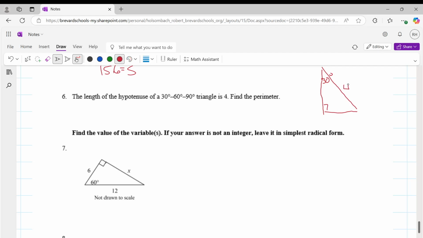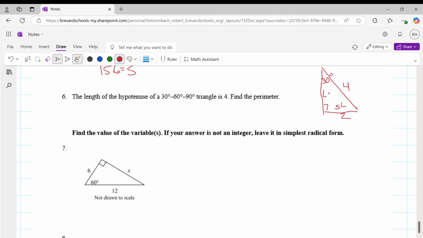So here's our hypotenuse. The short leg is opposite the 30-degree angle. The short leg is equal to half of the hypotenuse. So this short leg here is equal to 2.